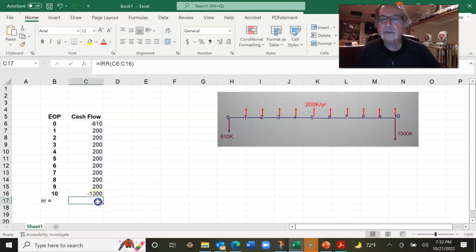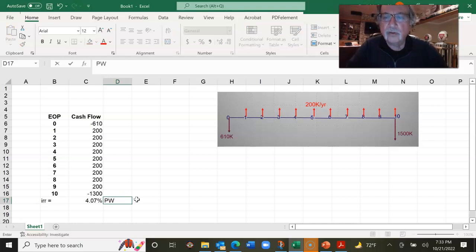And it's 4%. Okay, but as I just mentioned earlier, because we have two sign changes, negative to positive to negative, we potentially have two solutions to the equation.